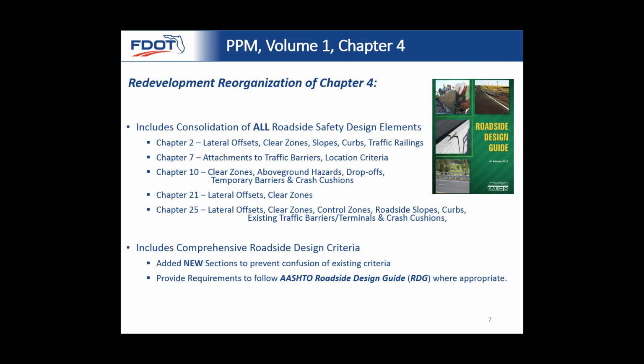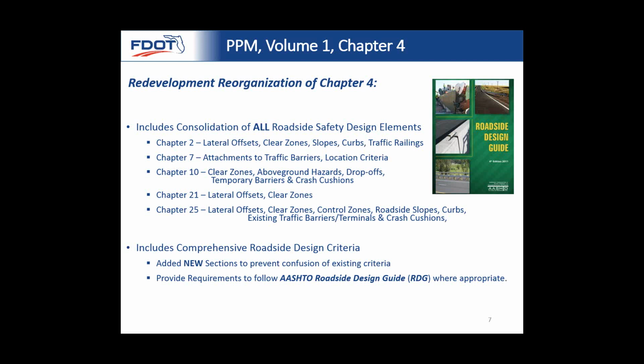Also, what we tried to do was provide the link that was needed between the state's policies and criteria on roadside design and where the AASHTO Roadside Design Guide plays a part in that. The AASHTO Roadside Design Guide is kind of the controlling document for roadside design. It's kind of like the Green Book or the LRFD manual for structures design.